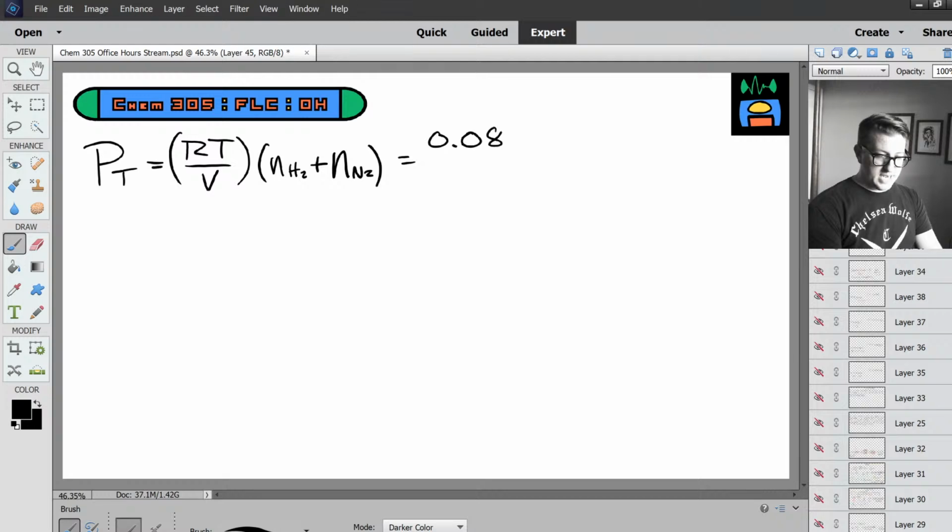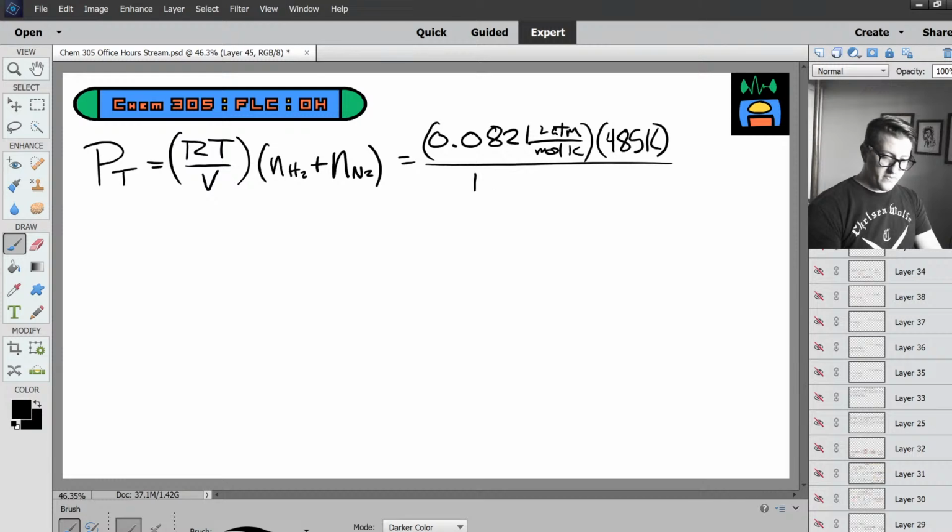R is 0.0821 liter atmospheres over mole Kelvin times temperature, which is 485 K, over volume 15.0 liters times 0.14 moles plus 0.41 moles. Well, we got to do our addition first.